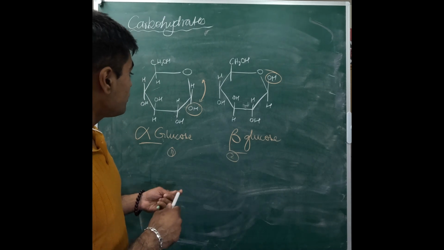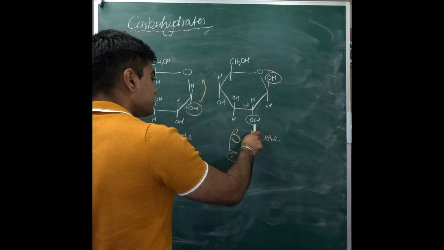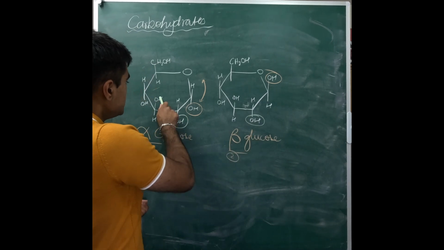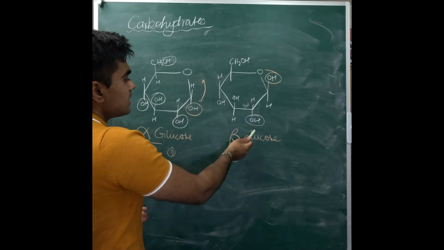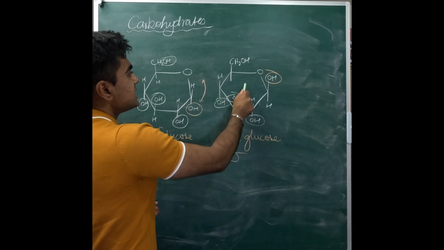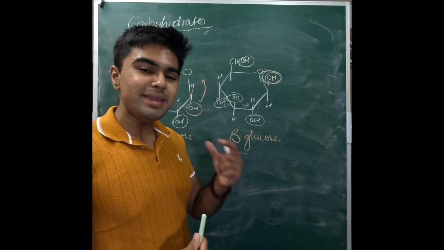Anyways, now the next thing I want you guys to observe is the presence of these things. You've got so many OH groups here. Now, what's the significance of these OH groups? What does OH mean?